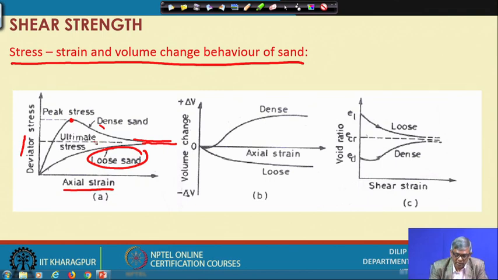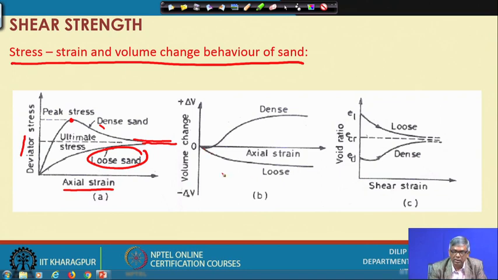Another observation is what happens when loose sand is subjected to shearing load. Continuous volume change will take place, and you can see a continuous volume decrease for loose sand.